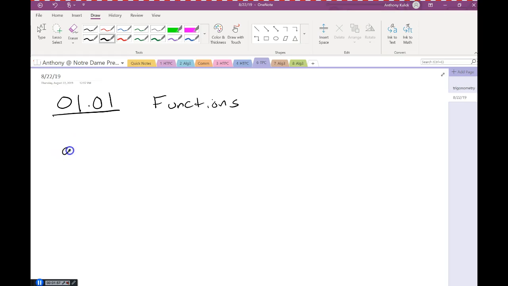Good. So let's start with a definition here, and we'll start by defining a function.